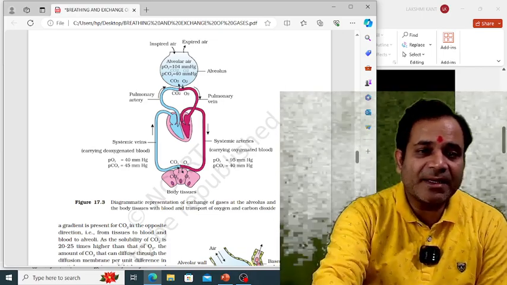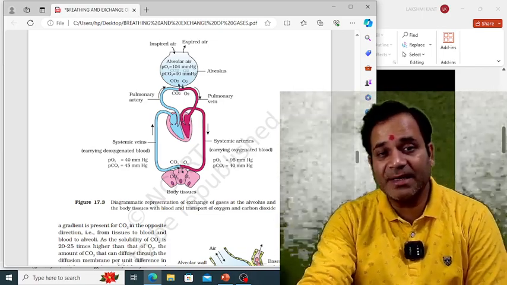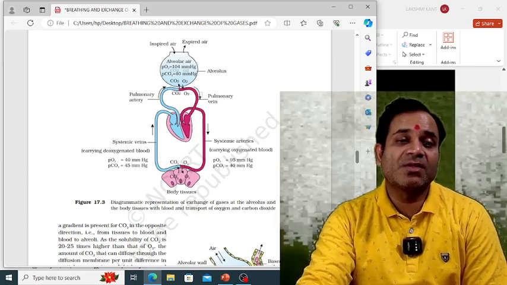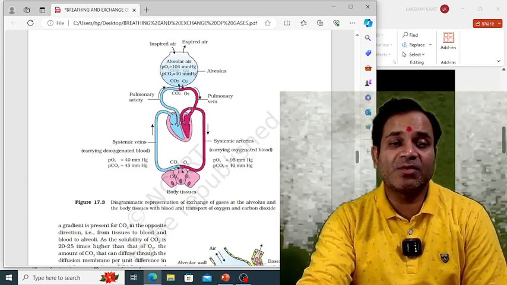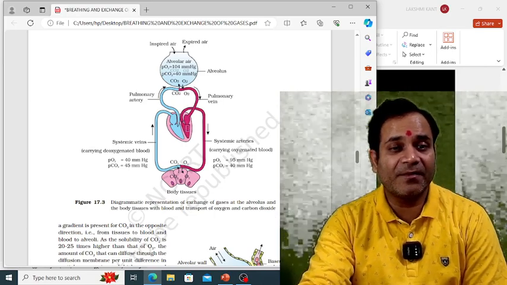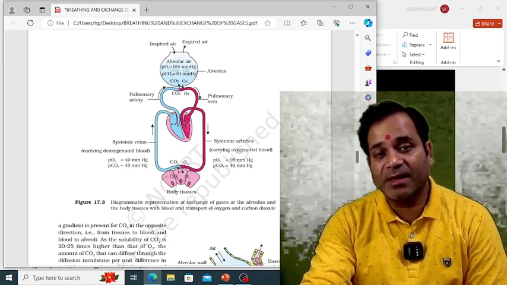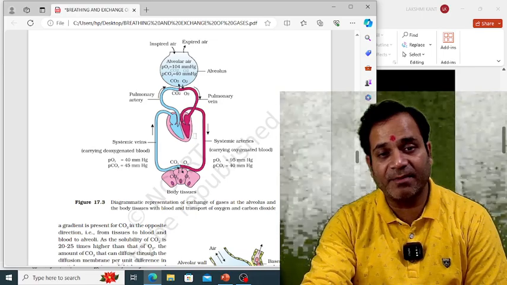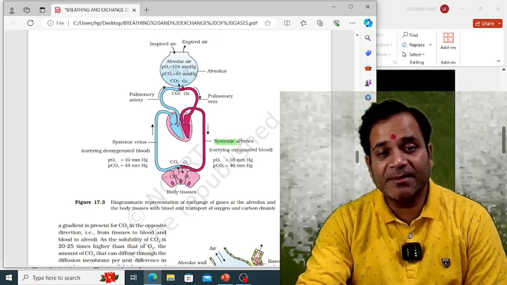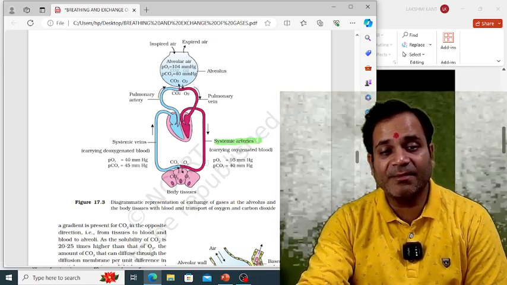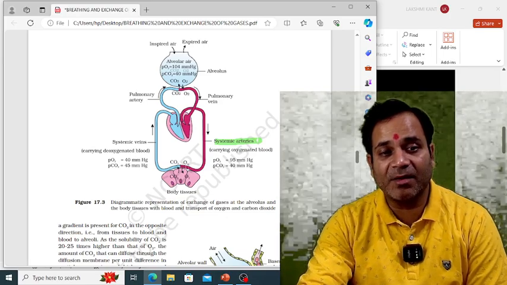So, see, here on the top are the lungs, this one is the heart, and this one is the body. The oxygenated blood passes through the pulmonary vein to where? This is the left auricle, left ventricle, always oxygenated blood. And here the systemic arteries carry the blood towards where? Body organs, my dear.